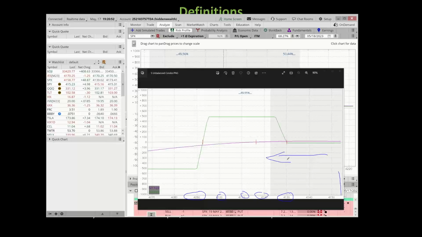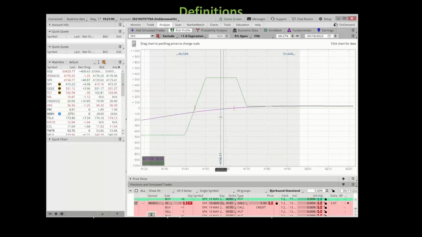So this is an out of the money spread, and we're hoping the market goes down slowly. Whereas the iron cockroach, we closed right at this vertical line right here, and we're hoping the market just sits. So it's very similar graph to unbalanced condor.